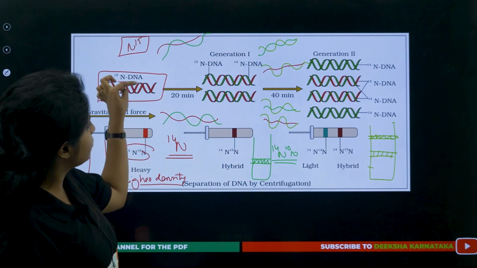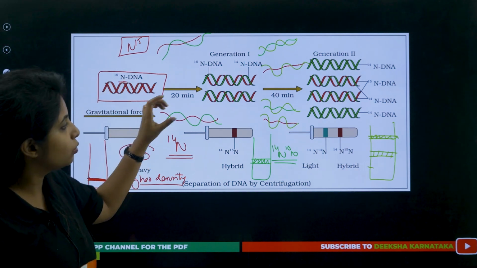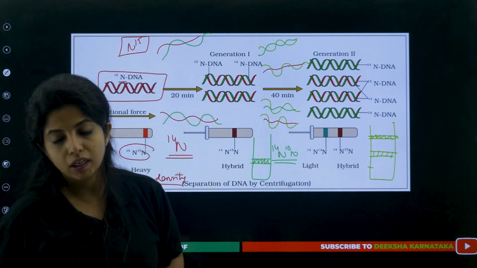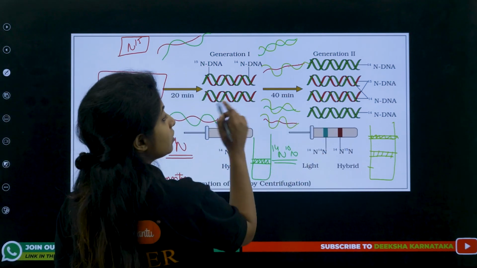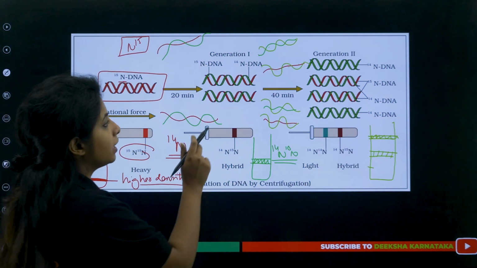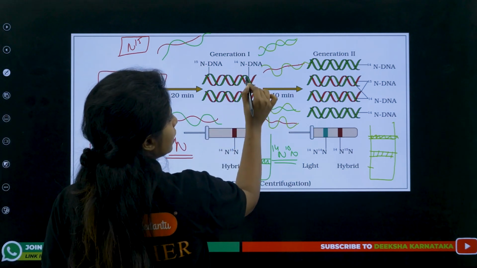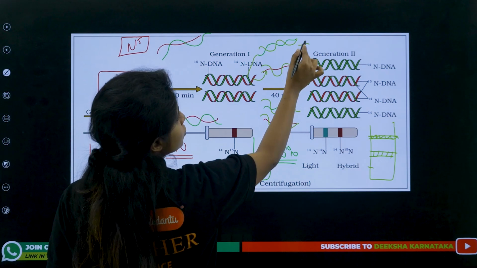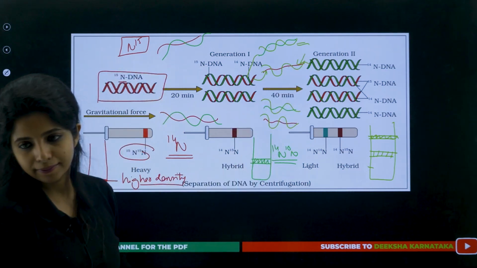That means N15 and N15 was altogether gone. You just had N14 and N15 and also N14 and N14. That was the thing that you found. So this is why we say that it is semi-conservative. Again, as I said, when this divides, you get one strand from here, you get another strand from here, then you get two new strands which are both N14 and N14. You get it?